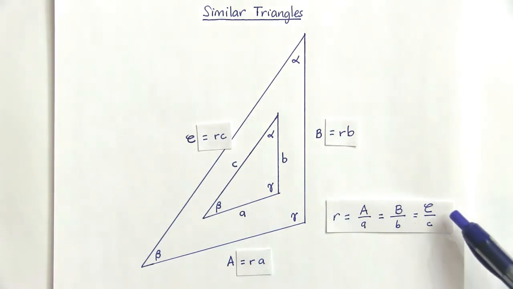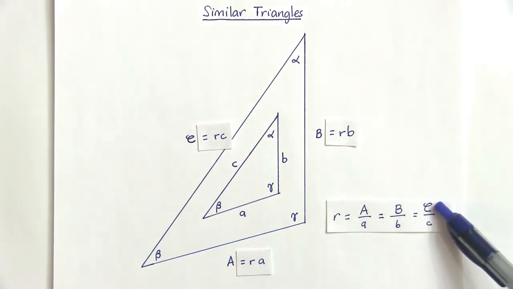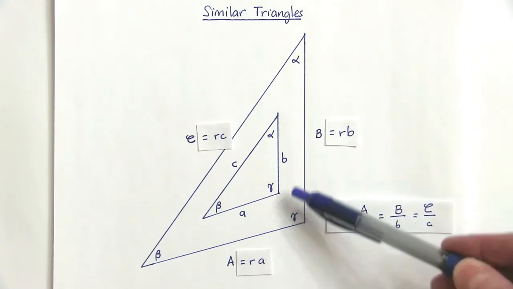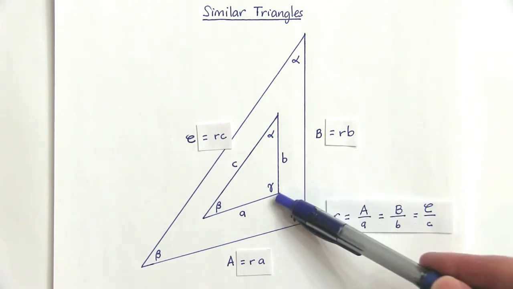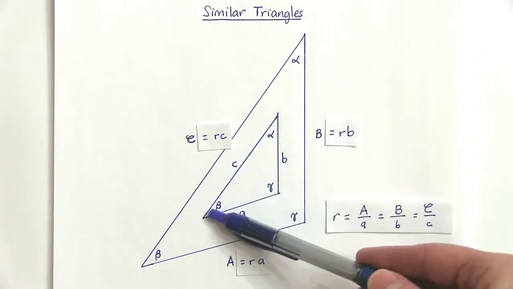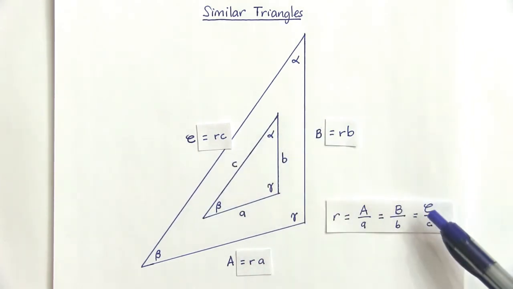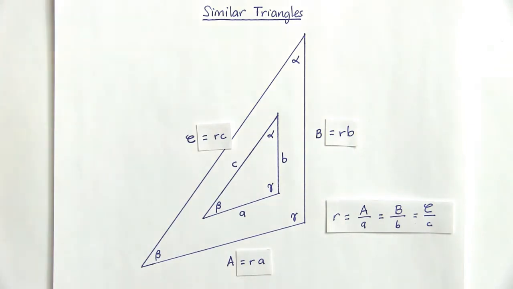And that will equal as well the side opposite of gamma in the bigger triangle, big C, over the side opposite of gamma in the smaller triangle, or little c. And this is the common way of writing similar triangles.